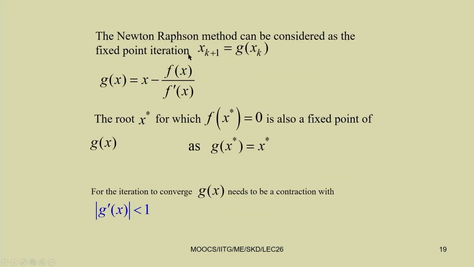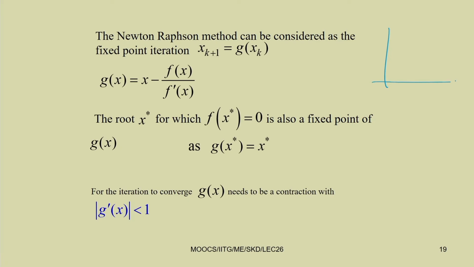So, this Newton-Raphson method can be considered as a fixed point iteration of x_{k+1} equal to g(x_k), because g(x_k) can be written as x minus f(x) by f'(x), as f(x) will be equal to 0 at x equal to x star. So, g(x) will be equal to x.